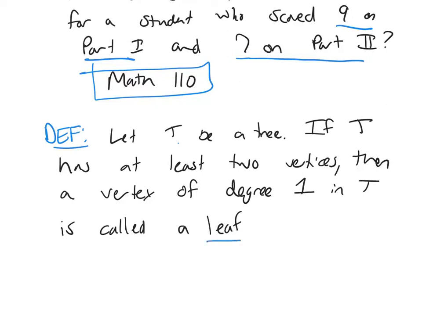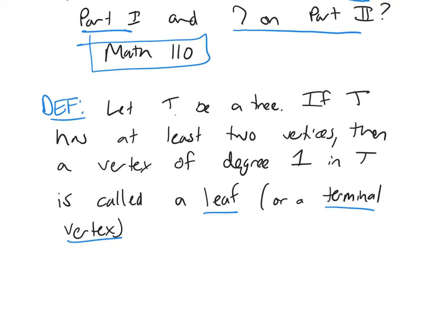And sometimes instead of leaf, you'll see the phrase terminal vertex. Either one of those could be used. So if you have a degree 1 vertex in a tree, it's called a leaf or a terminal vertex.